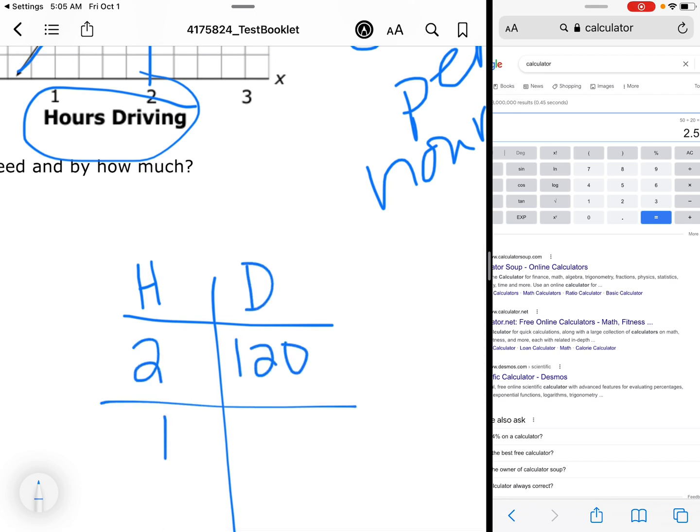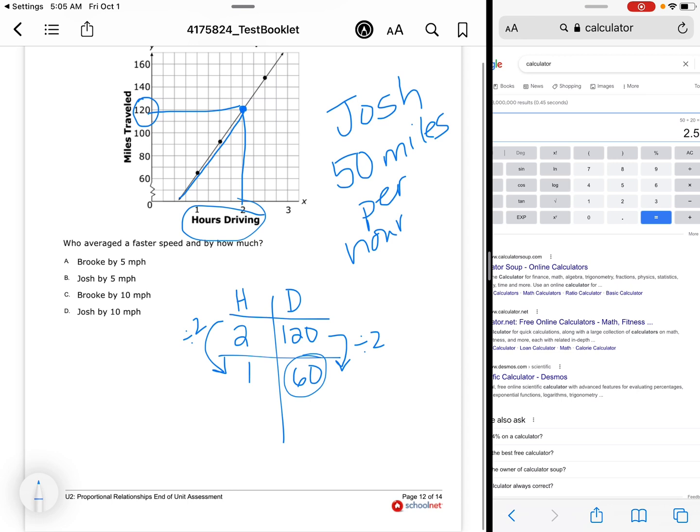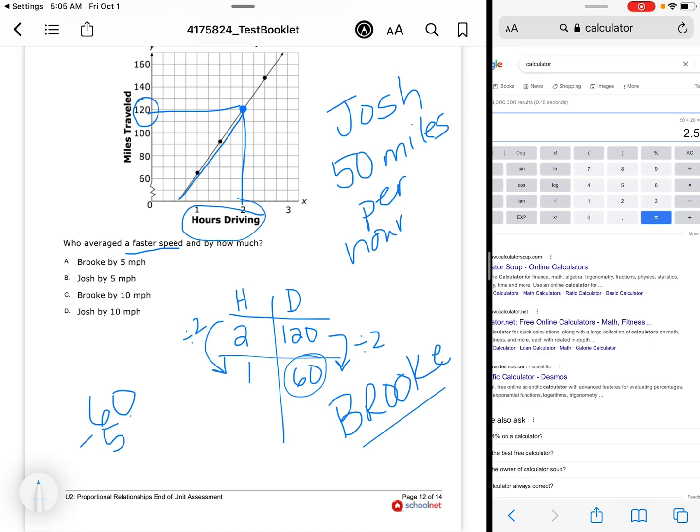I want to figure out how far she could drive in 1 hour because I want to be able to compare them, and I'm doing per hour in the top, so I want to do per hour in the bottom. So I get 60 miles per hour, and this is Brooke. So they want to know who was faster. Well, Brooke was faster by 10 miles per hour because 60 minus 50 is 10.